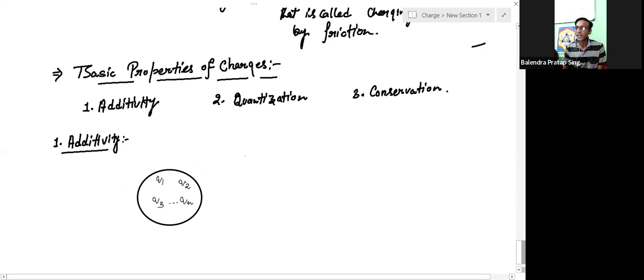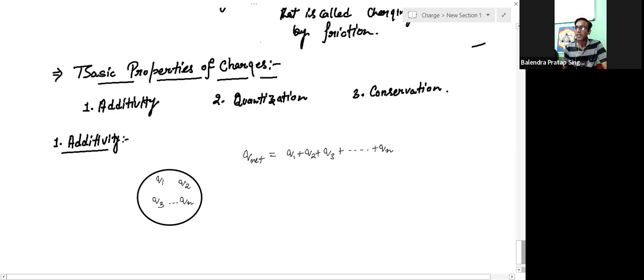Then we define the net charge: Q net is equal to q1 plus q2 plus q3 plus up to qn. We can write this in statement form.